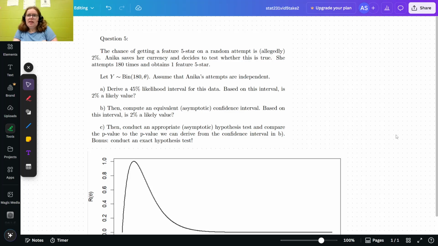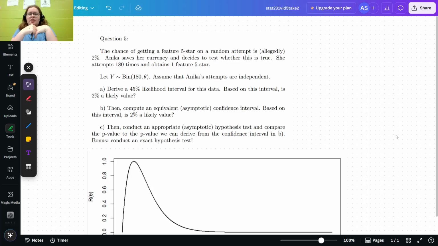If you have a really small likelihood threshold, like say 10%, it's going to be a very wide interval because you're going to have a lot of different possibilities. Whereas 45% is relatively high, so we're only looking at the thetas that are 45% plausible.